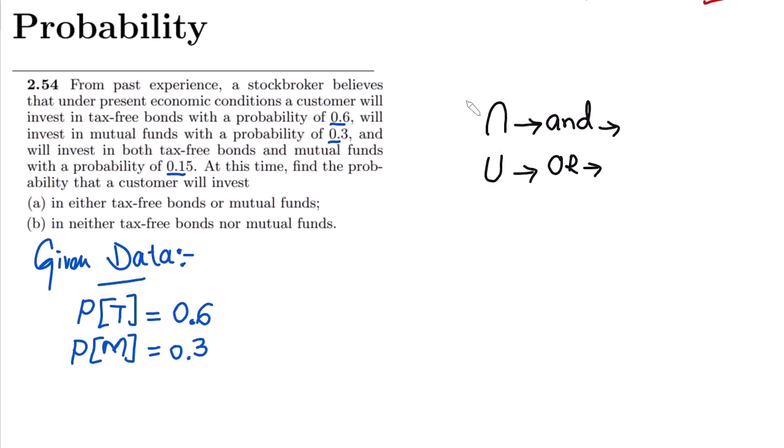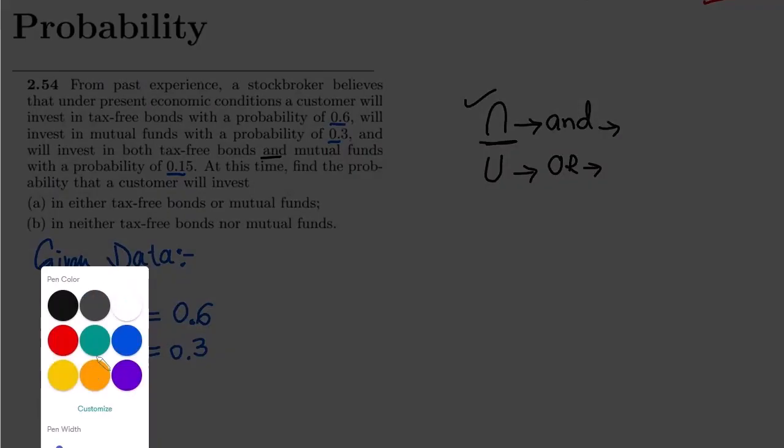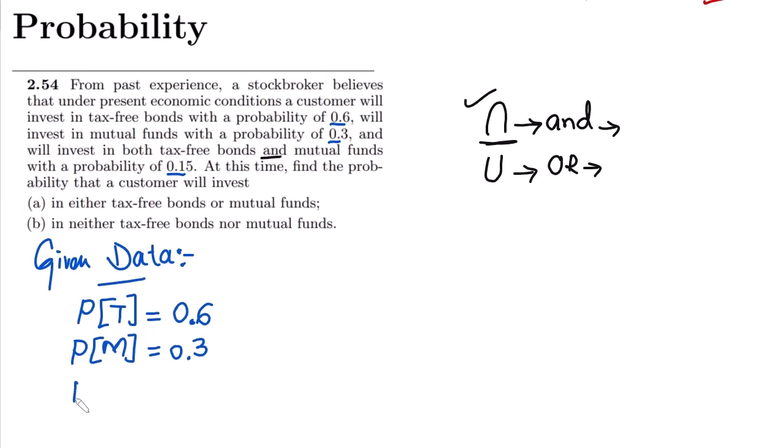Now here we can see that we have and, so therefore we will write the probability of investing in tax-free and mutual funds, which is 0.15.